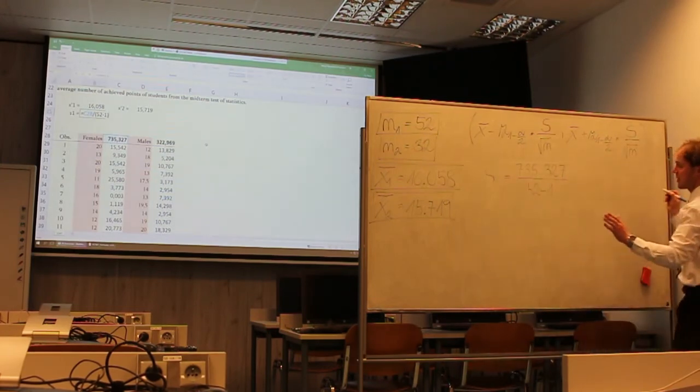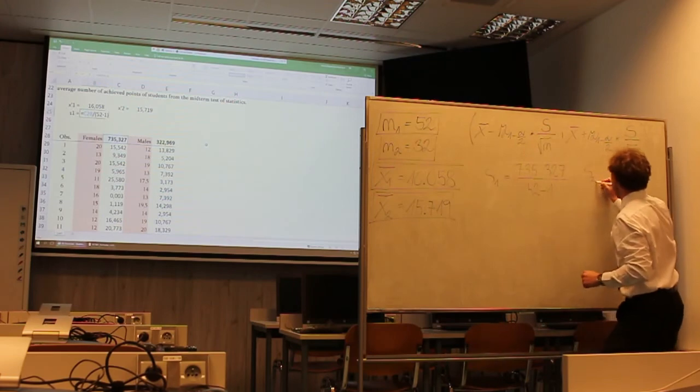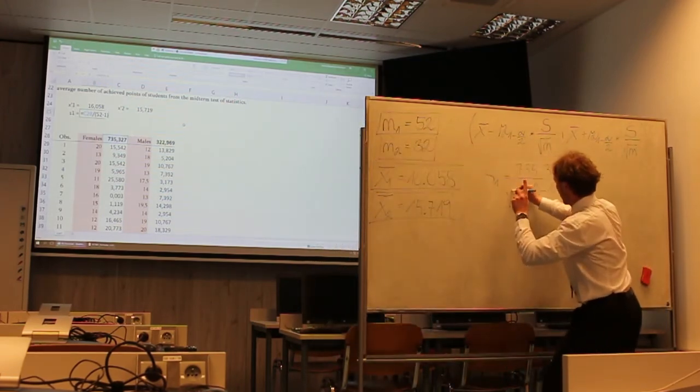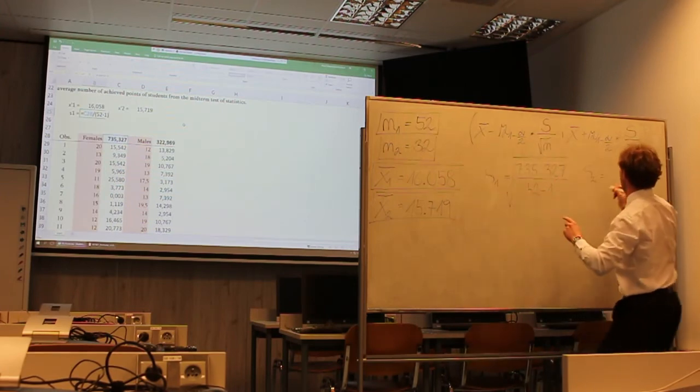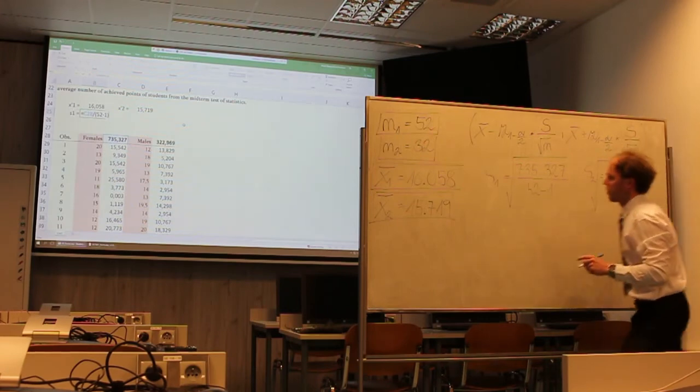This will be the first standard deviation, and the second standard deviation will be equal to, sorry, there must be a square root, yes, there must also be a square root.